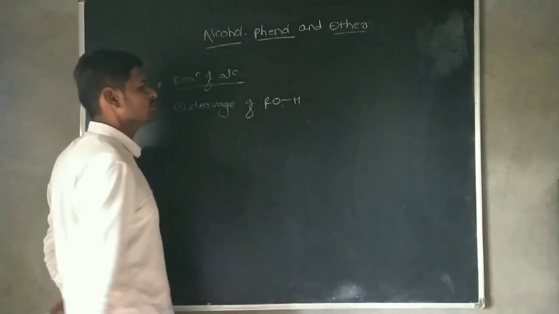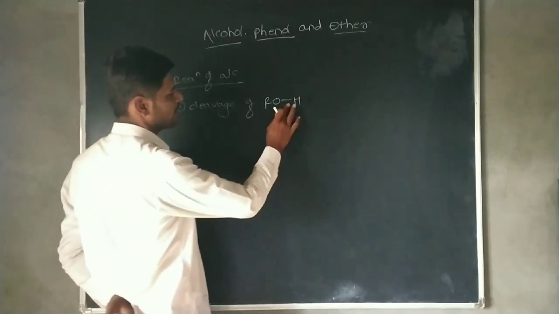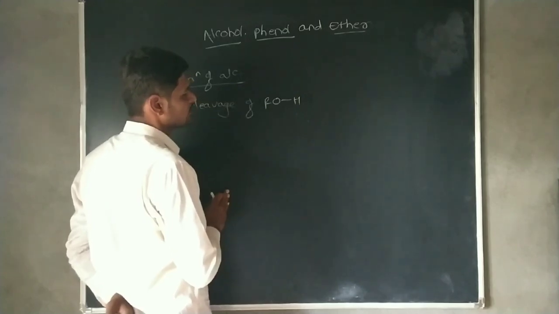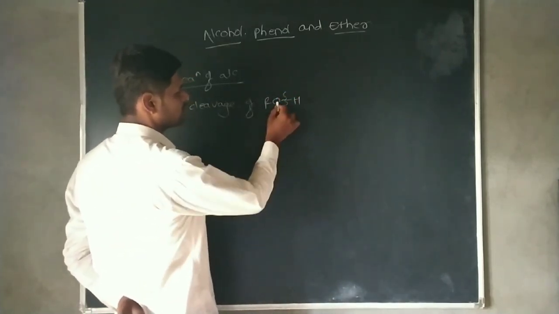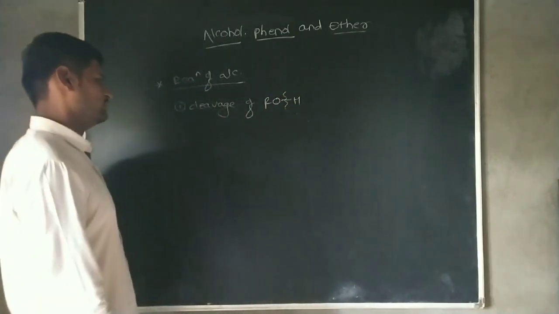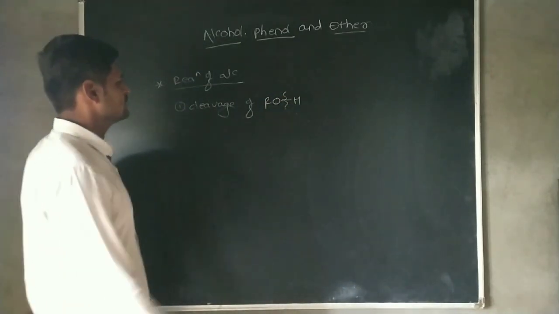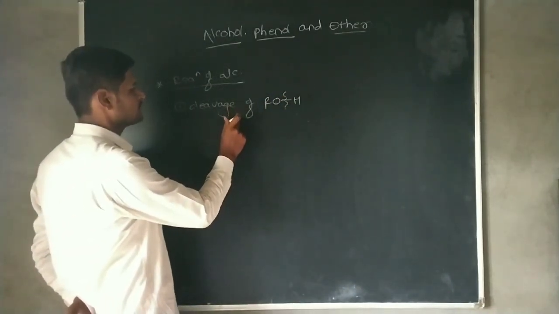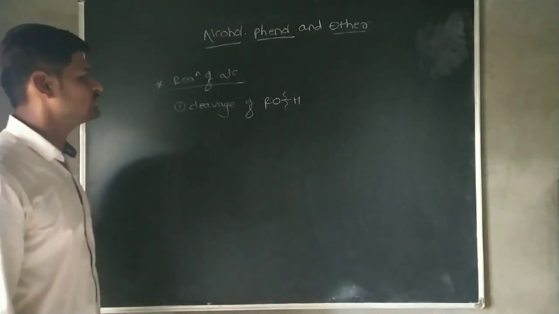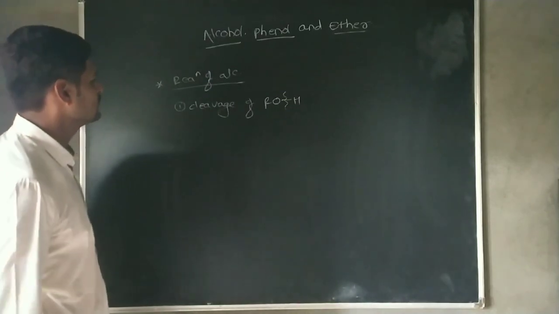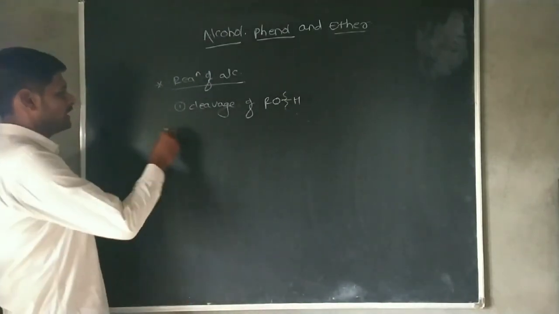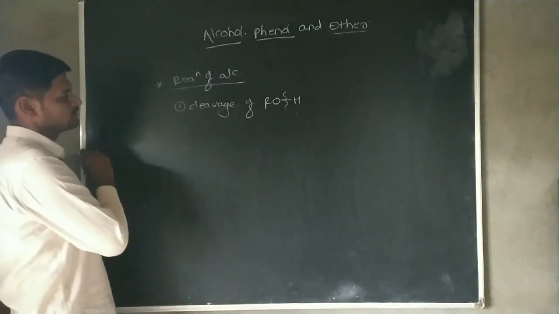That means the respective product is formed by breaking the bond between the oxygen and hydrogen atom. The Grignard reagent reaction is one type of cleavage of the O-H bond.